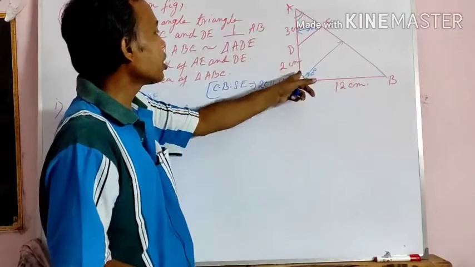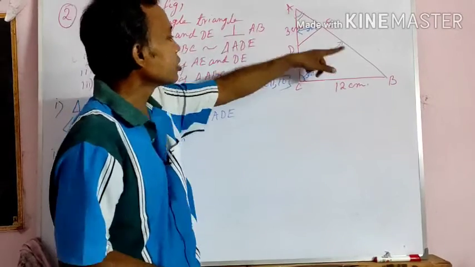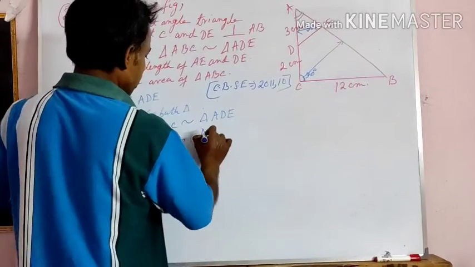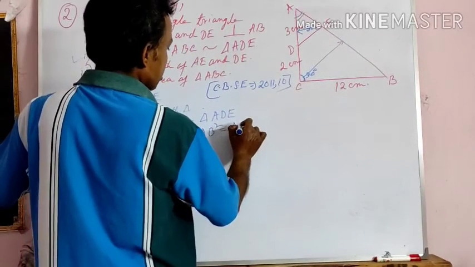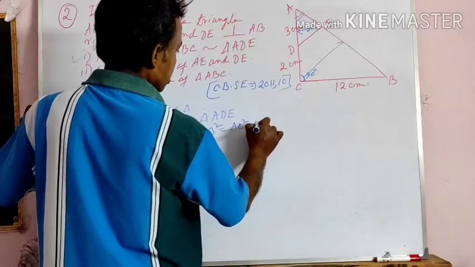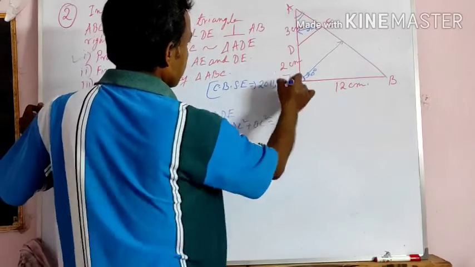Now applying the Pythagoras theorem, AB square is equal to AC square plus BC square. Just put the values given.